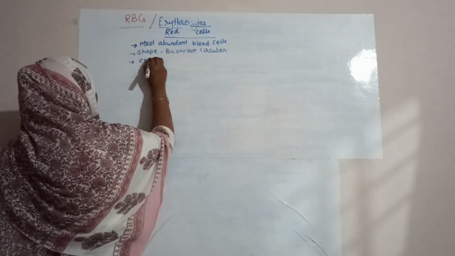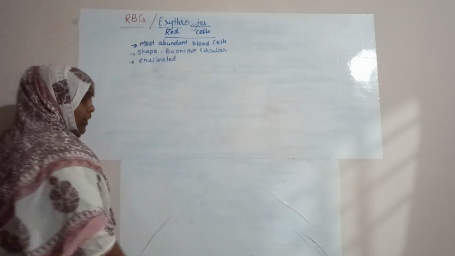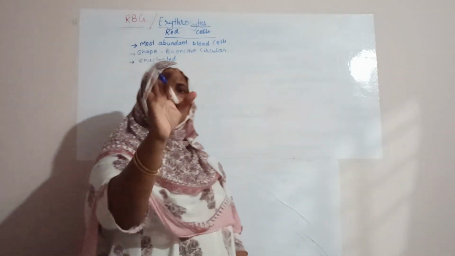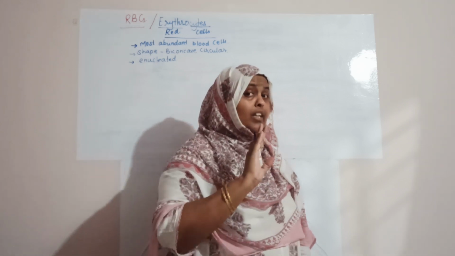The next point is very important. RBC is enucleated. Enucleated means the nucleus is absent. In other terms we say devoid of nucleus. It means the nucleus is not present.